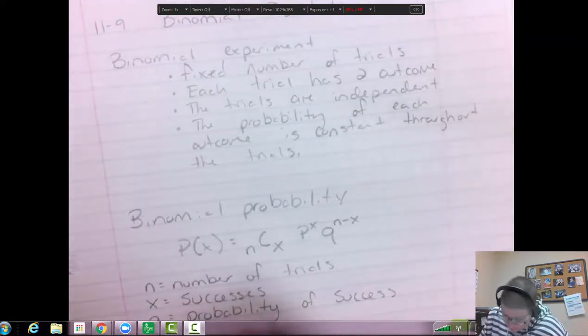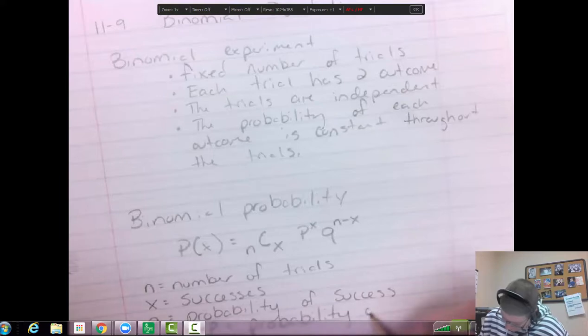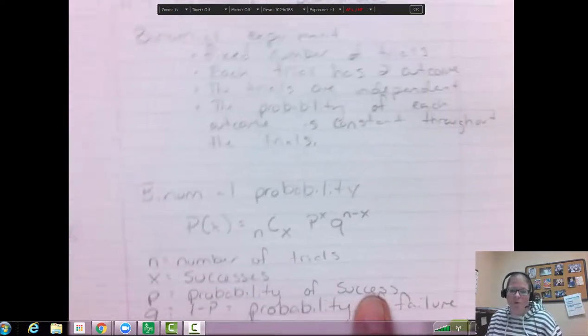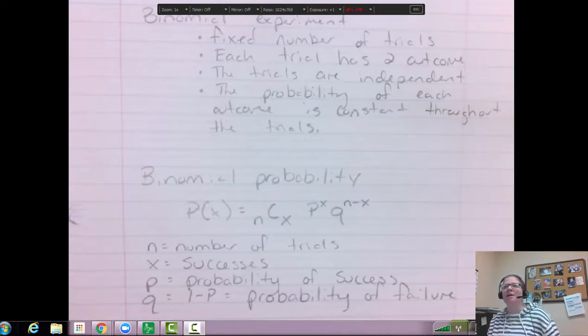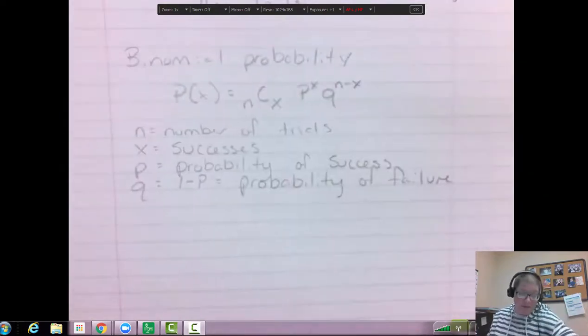And q is basically 1 minus the probability, or the p, right? It's the probability of failure. So if the probability p of it raining, being successful, is let's say 0.4, then the probability of not raining is 0.6, because they have to add to 1. So that's kind of the idea. So we can put numbers in if we have an example and use them in this formula.